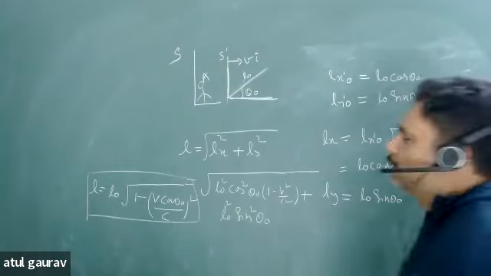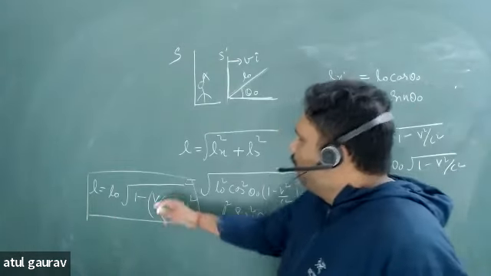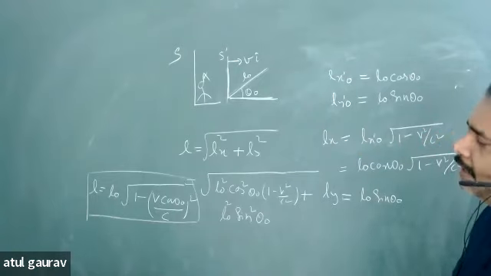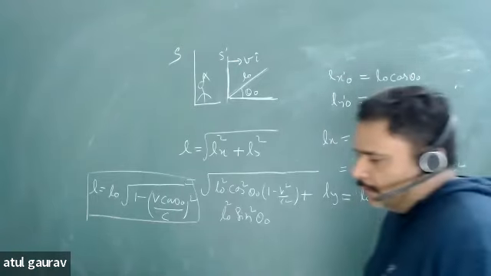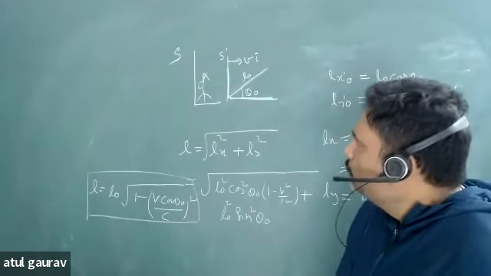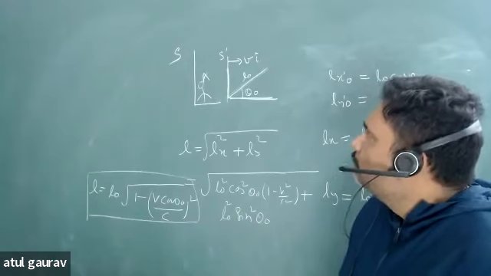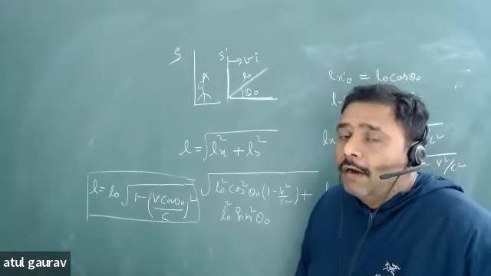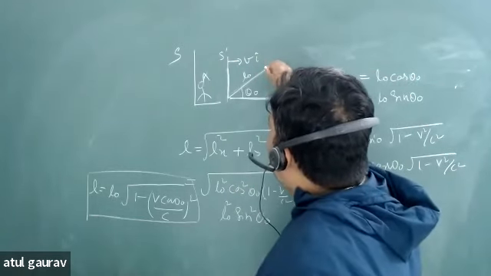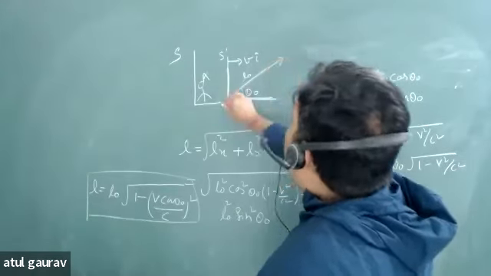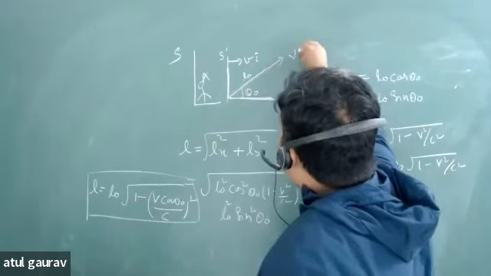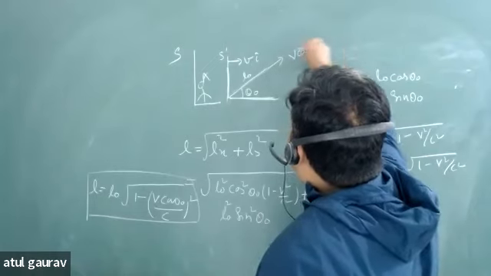Now you can see it's very interesting. What is v cos theta naught? Can anybody explain what v cos theta naught is? It is the component of velocity along L naught, along the length of the rod.